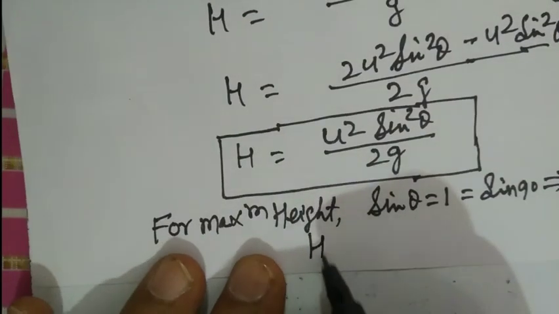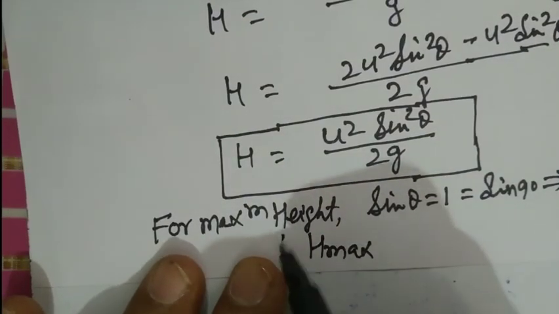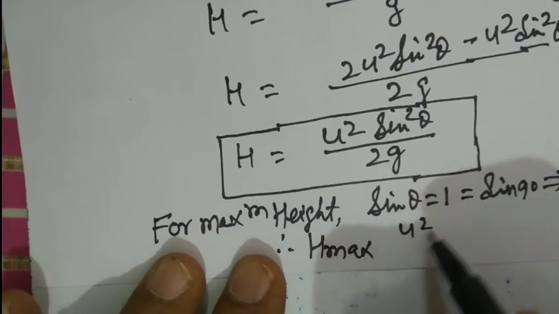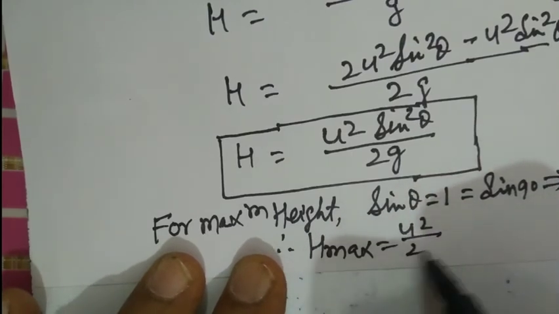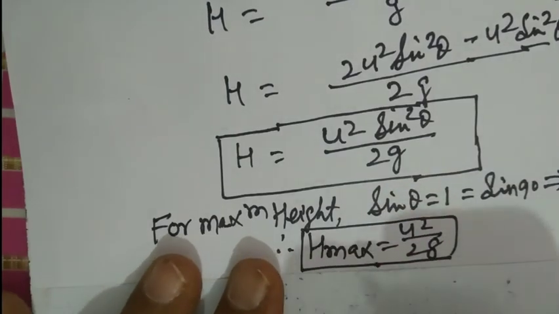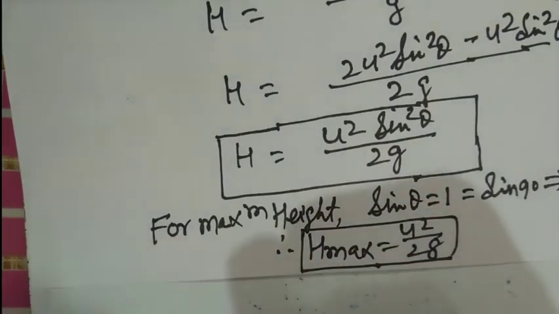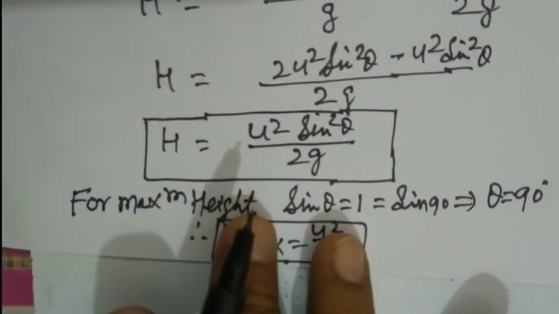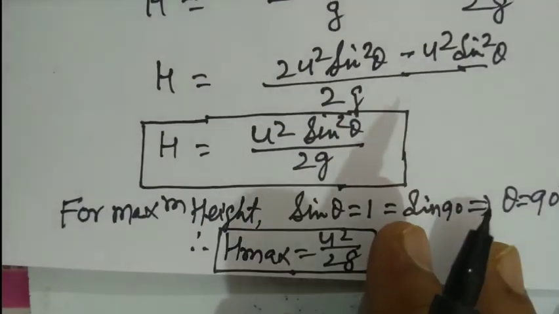Hence h max is equal to u square by 2g. This is the expression of maximum height attained by the projectile.